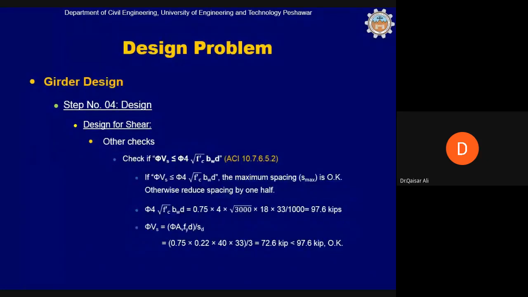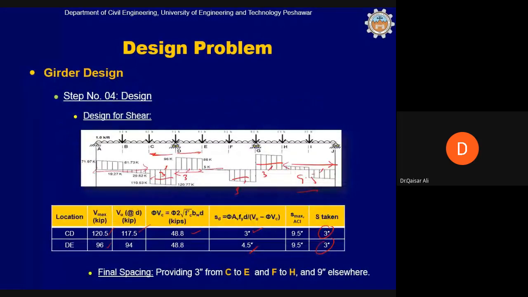We can use the checks. If I had to design this girder in my design office, I would have provided 3 inch spacing from one end to the other, because it's the only one girder in this project, and this is one of the most important structural elements.